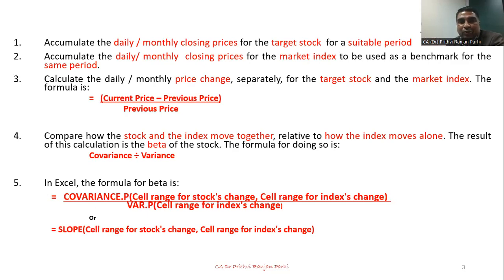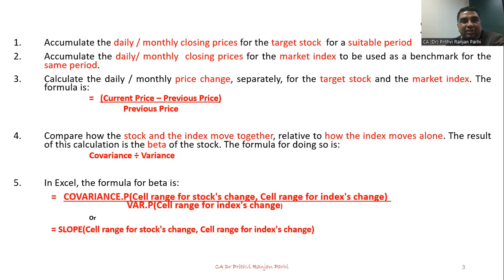Then we also need to compute the return of the market. Market index is the proxy of the market, so we can take the return of the market index, be it Nifty or BSE Sensex, which will help us to compute market return. So both stock return and market return have to be computed. After that, we will be computing the beta factor.